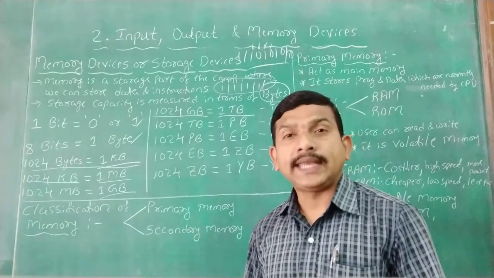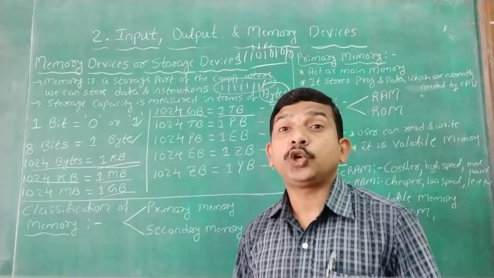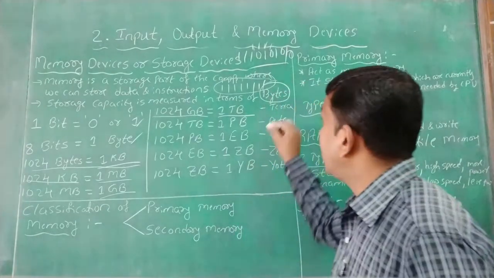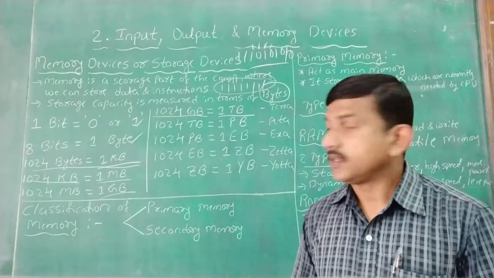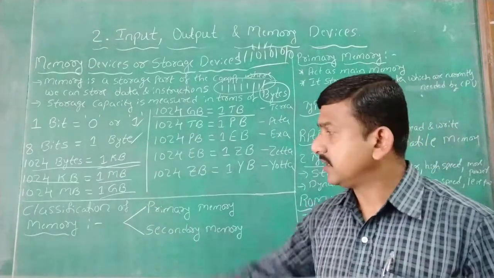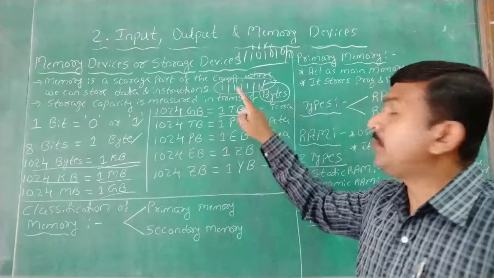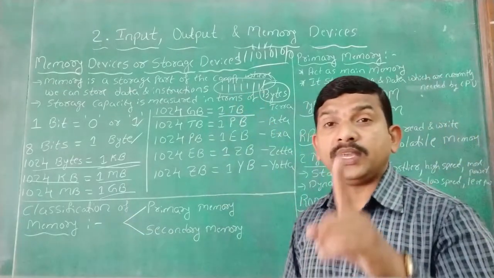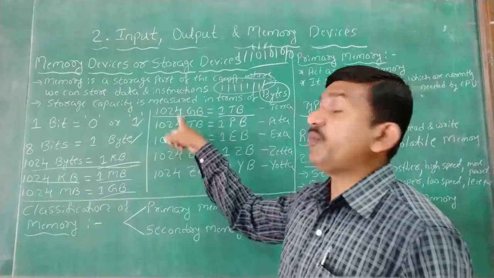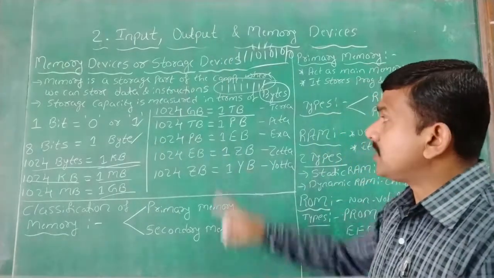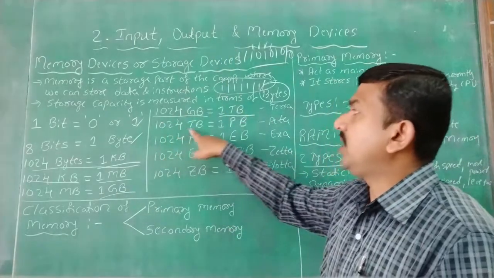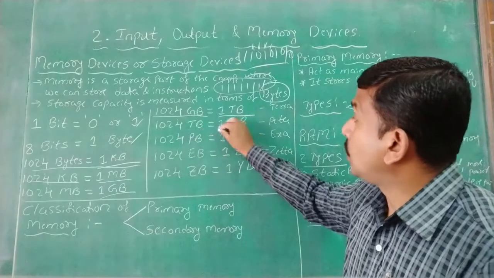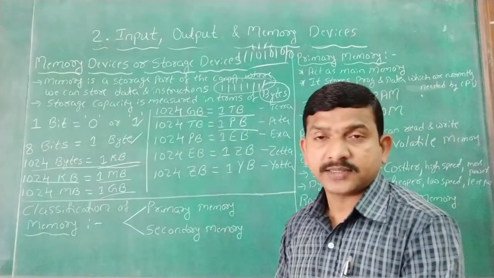Equivalent to 1 TB. TB does not mean tuberculosis, it is a terabyte. G stands for gigabyte here. GB. TB means terabyte. 1 terabyte means 1024 GB. Similarly, 1024 TB is equal to 1 petabyte.